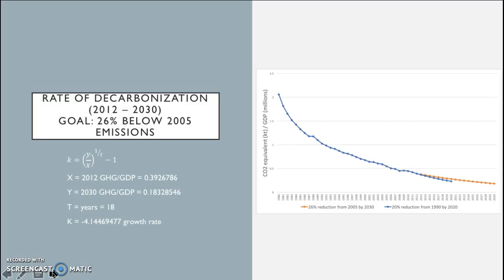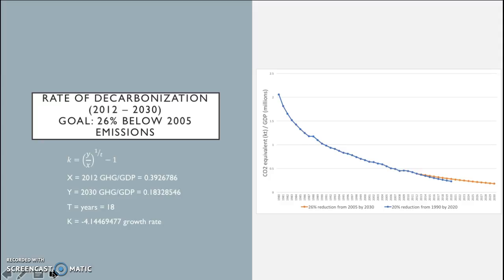So similarly, I projected what the GDP would be in 2030 and took the goal of the 2005 emissions and 26% below those, and did GHG over GDP, and ran that same equation, and for 2012 to 2030 it would be a -4% growth rate.